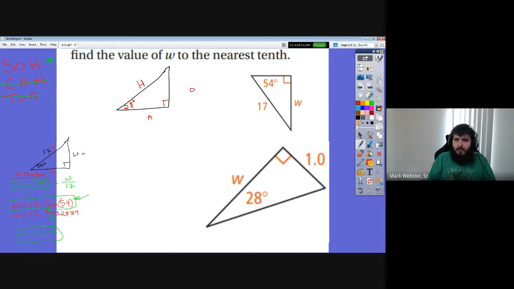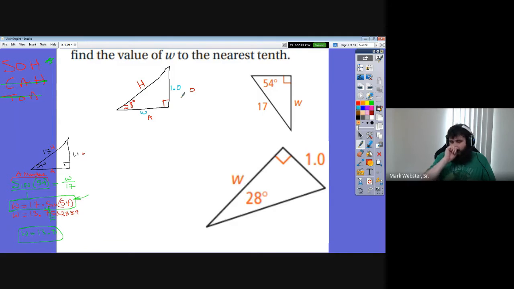So now let's label our info. So here's the angle 28. W's in between that and the right triangle, right angle, and then 1.0 is over here. I don't know why they chose to do 1.0.